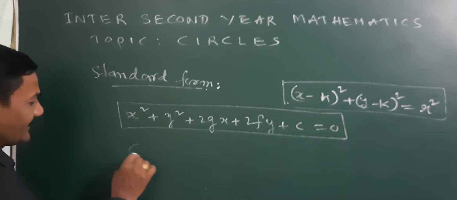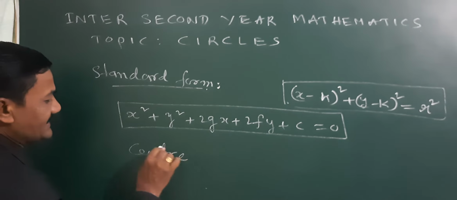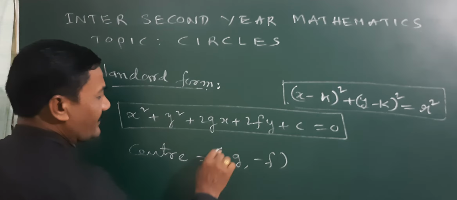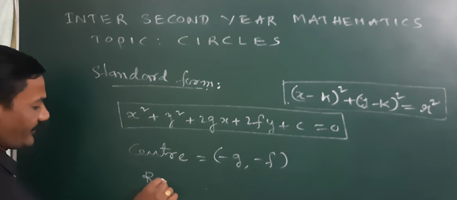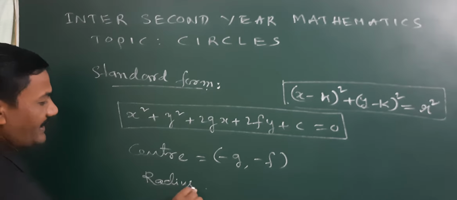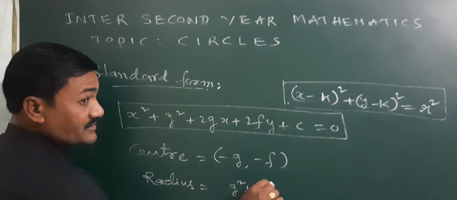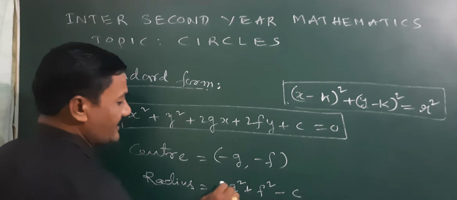The center is (minus g, minus f), and the radius is the square root of g square plus f square minus c.